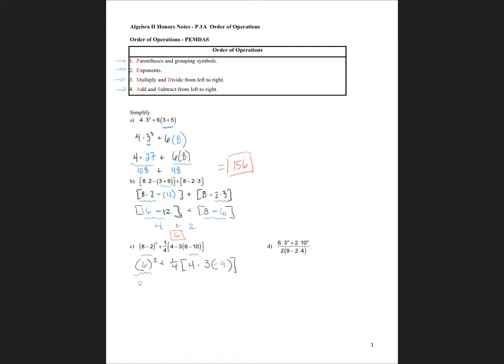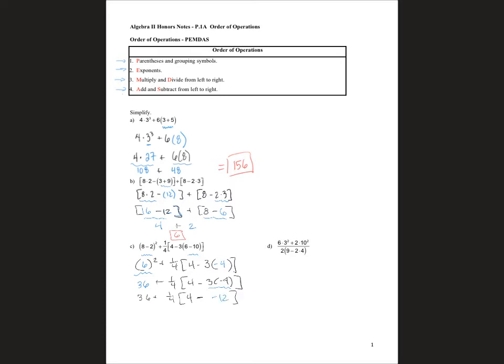Now I'm going to keep going, and I'm going to evaluate this exponent, and I'm going to get 36 plus 1/4 times 4 minus 3 times -4. Now, at this point, if you want to go ahead and evaluate this multiplication, we would have 36 plus 1/4 times 4 minus, and this would give me -12.